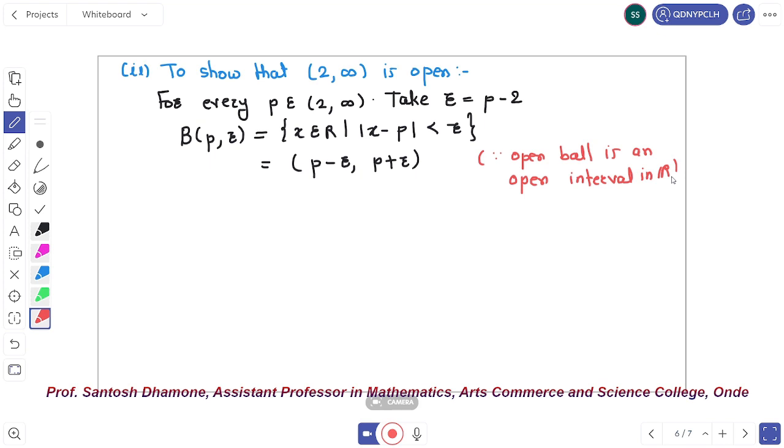To show that the complement of F is open: F is the set of ordered pairs (x,y) in R2 such that x squared plus y squared is less than or equal to 1, that is, F is the set of all points in circles with radius less than or equal to 1. Then the complement of F is the set of points which are outside the circle, the F complement.